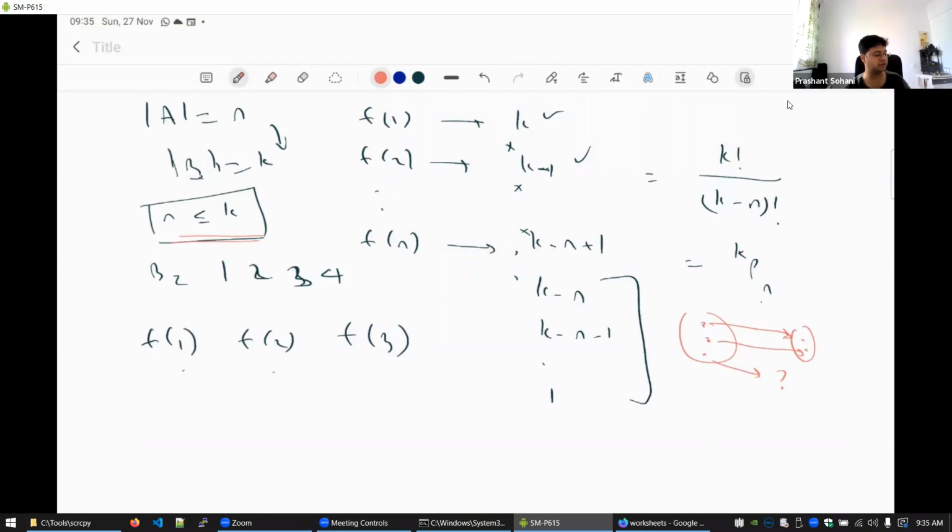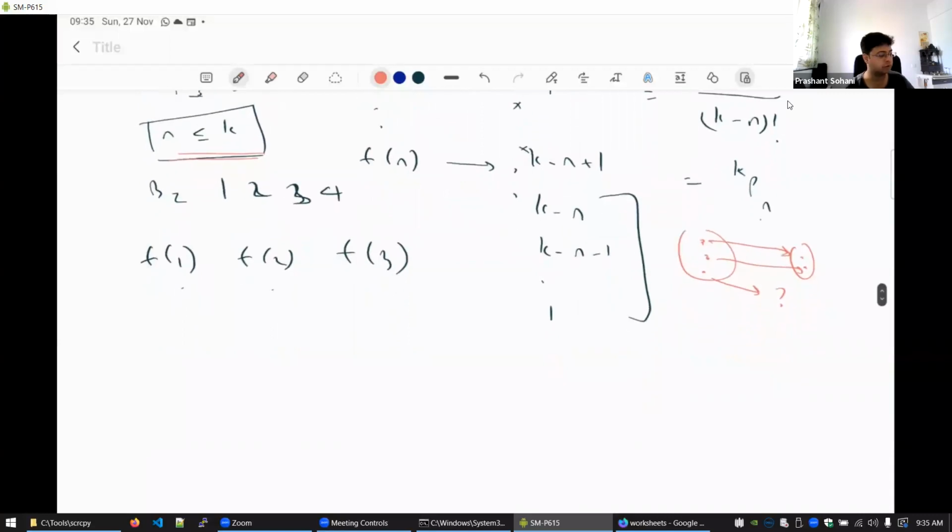So we have answered the question of how many total functions there are and how many injective functions there are. Now let us come to the surjective question, or onto. If again to put it in English, basically what we are trying to say is that every object in the second set gets assigned.